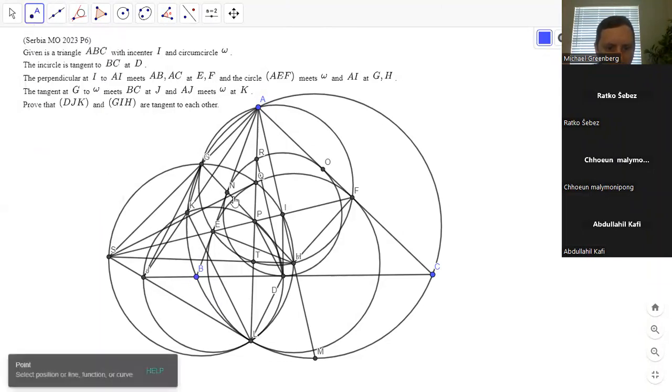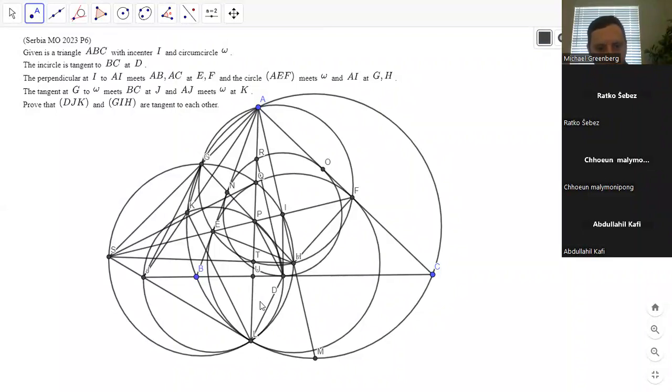Maybe I should draw this point where this meets BC. Oh, actually, I think it's trivial that BC bisects this because, well, if we know it's tangent, then it's true because angle PDJ is angle PLJ, which is ALJ, which is ACL.